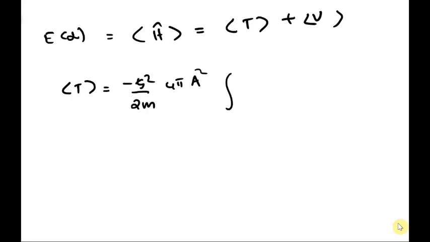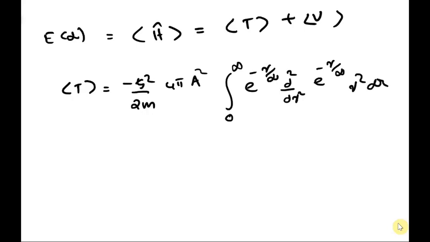The remaining thing is the integration from 0 to infinity of e raised to minus r by alpha, and the operation which is coming, whenever you have only r dependence, is dou square by dou r square of e raised to minus r by alpha, into r square dr, because sin theta d theta d phi is integrated out to 4 pi.